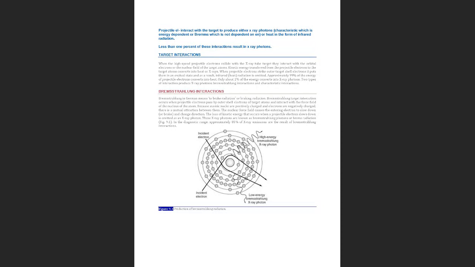If we don't have that level of energy, we have no characteristic in our diagnostic tube, because our K-shell binding energy for tungsten is 69.5. So that's important for you to recognize there. Again, that happens at a discrete level because it is at a specific energy, that 69.5 or 70 kV.